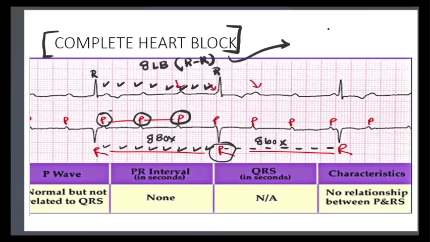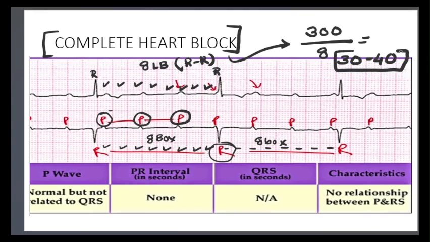So the heart rate is 300 divided by the number of large boxes between R waves. So it is going to be 8. So this is going to be approximately between 30 and 40. So bradycardia, low heart rate, multiple P waves, and R waves.